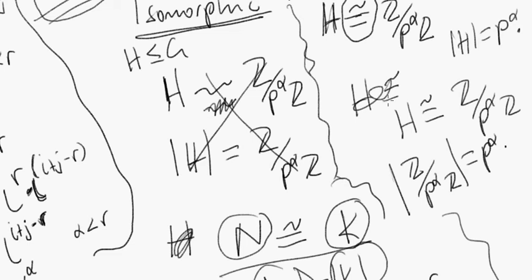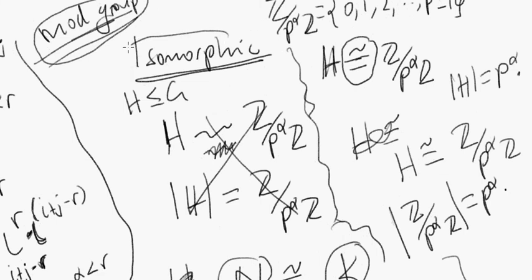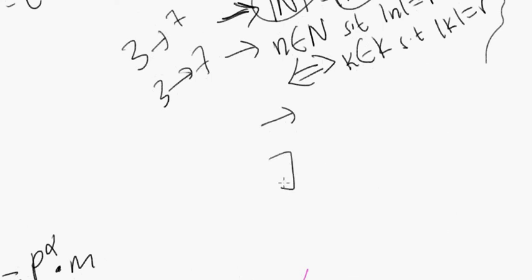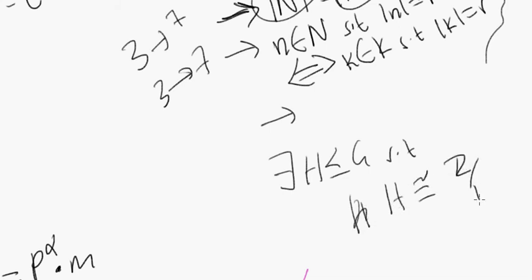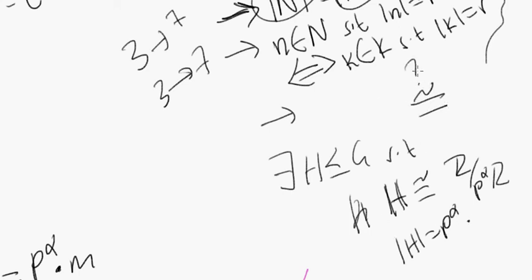So at the very least, suppose we are able to define clearly what it means for two groups to be isomorphic to each other, and we prove that there exists some subgroup H of G such that H is isomorphic to Z mod P to the alpha Z. Wouldn't we then have shown that the order of H equals P to the alpha? So maybe this isomorphism idea may be useful to us. We're not sure yet, but it may be.